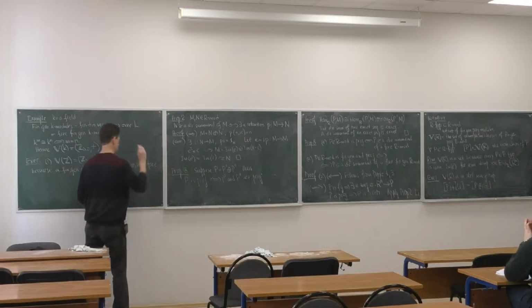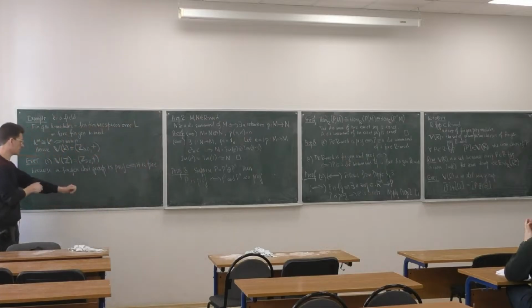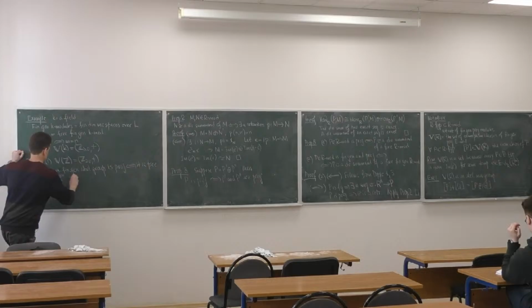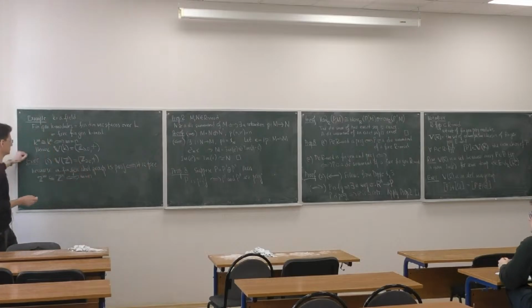This can be deduced from the structure theorem for finitely generated abelian groups. And also, it's a standard fact that two such free abelian groups are isomorphic if and only if m equals n. So we have the same situation as in the case of a field.